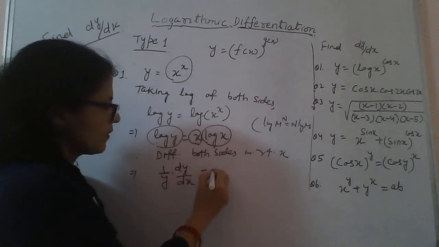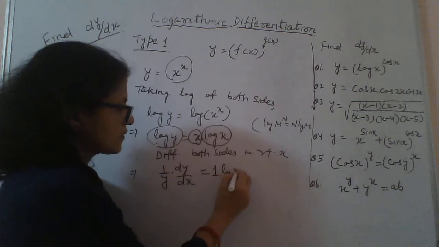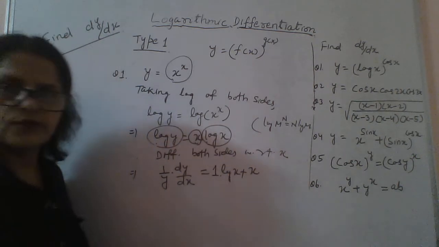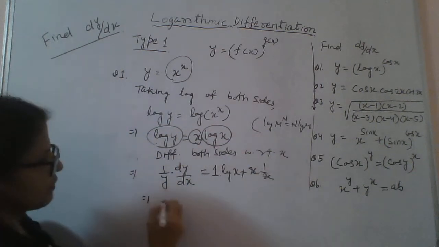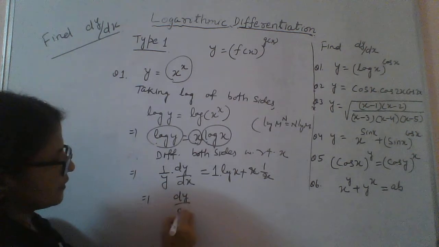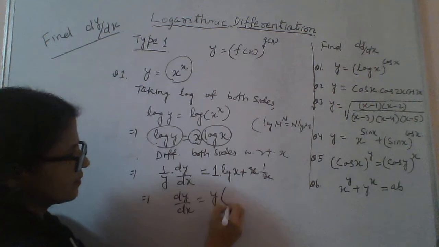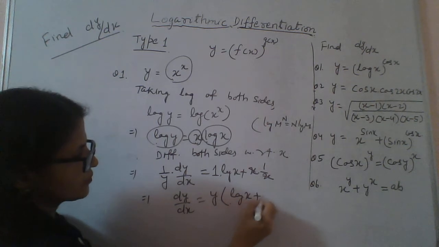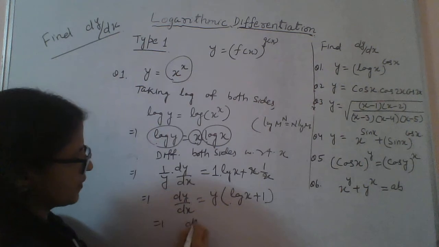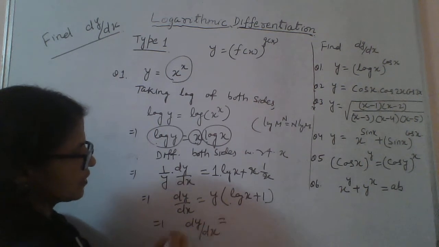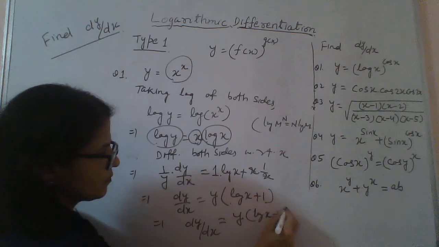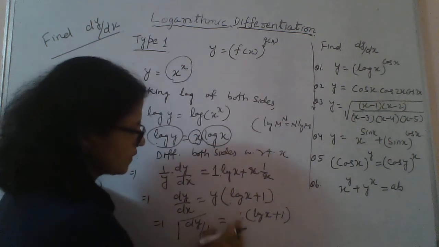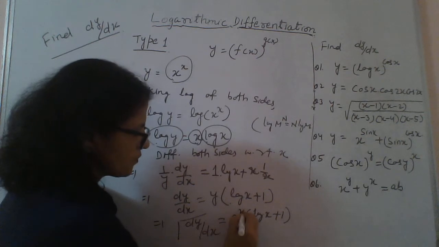So the derivative of x is 1, into log x, plus x into d by dx of log x, which is 1 by x. So you are getting dy by dx equals y into (log x plus 1). Your final answer for this question is dy by dx equals y into (1 plus log x). You have to replace y by its value x to the power x.